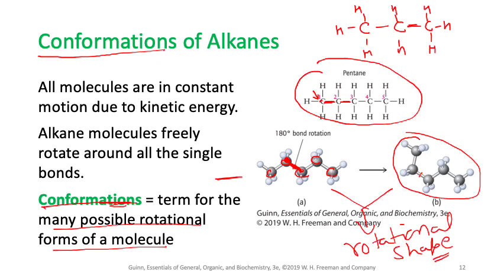If I use this single bond to rotate this molecule, then we can make a new compound which is something like this: H, then you have carbon, hydrogen, and then you can have carbon over here. So even though both of them are the same molecule, because of the rotation around this single bond between the two carbons, we can have a new shape of the same molecule.